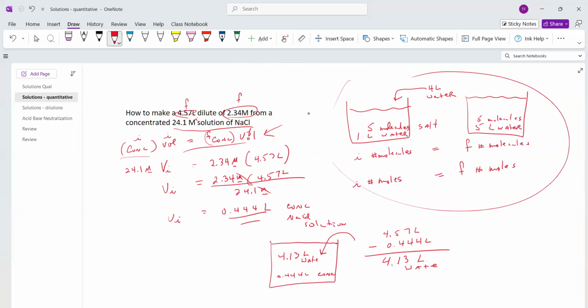This is why it works: concentration times volume equals moles. Concentration times volume equals moles. Beginning and end, they're the same. That's why we can set them equal to one another. Okay? Are there any questions about this? That's what we're going to be practicing in lab today, in the dry lab.